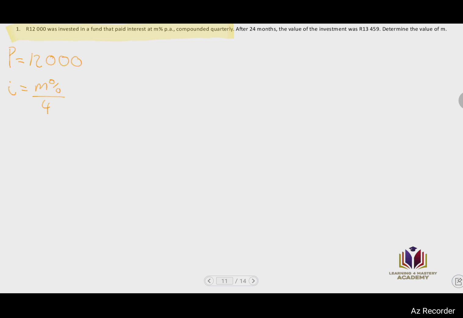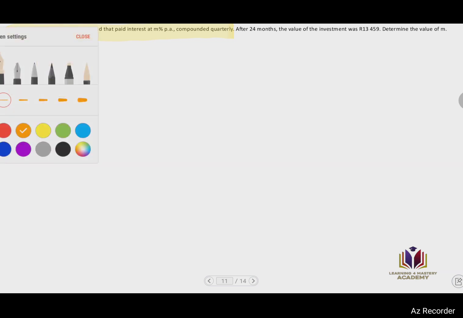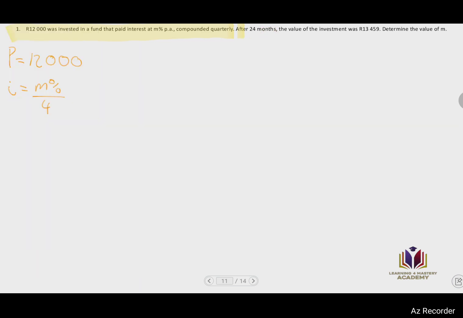And then they said after 24 months, let's look at that as well. What does it mean? So after 24 months, it means that the duration of the investment is 24 months, okay? So now let's convert the 24 months into quarters, right?